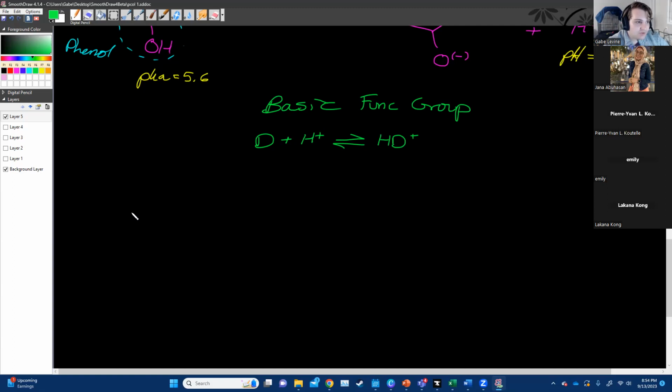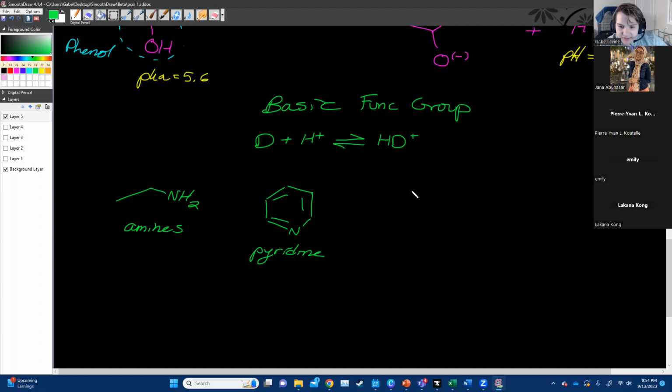The functional groups that you'll find in drugs that act like bases are amines, pyridine, and aniline.